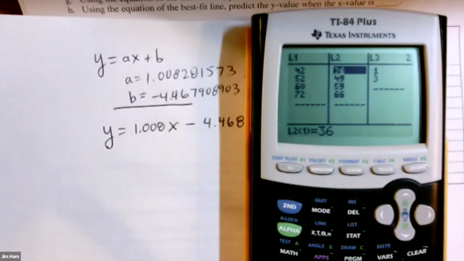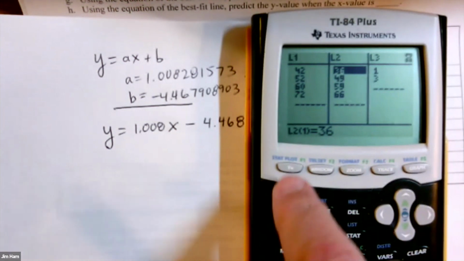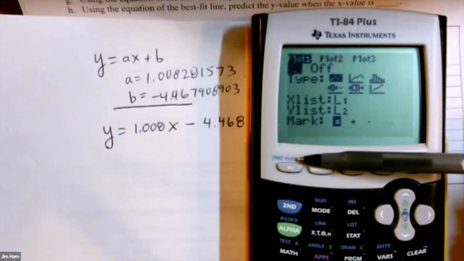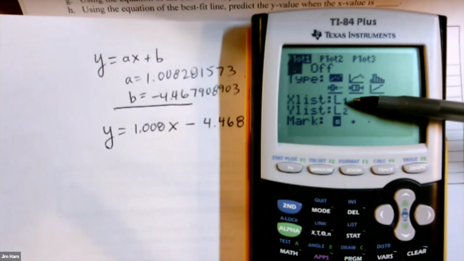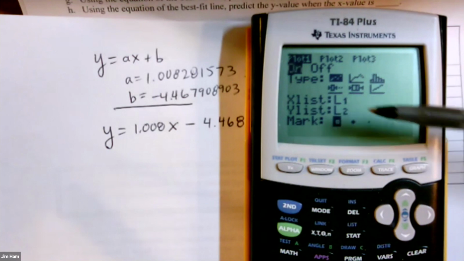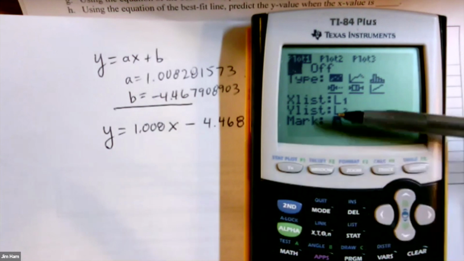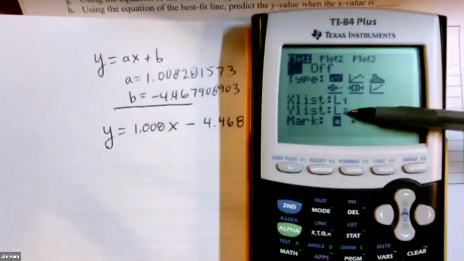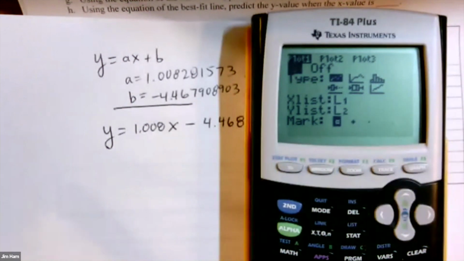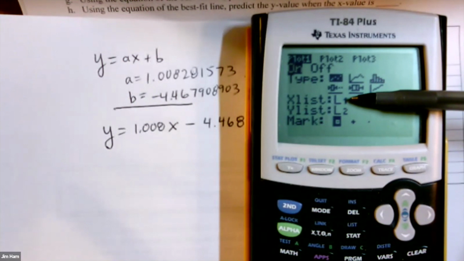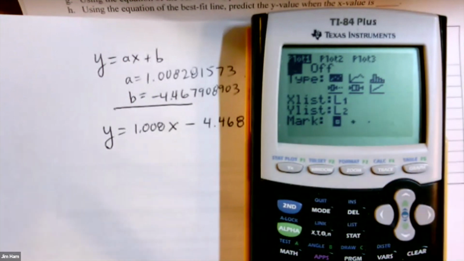Now, the other thing is that when you set up your stat plot, you have to make sure that your X list is L1 and your Y list is L2. Because if they're not, you might be using L1, that list that has 4 values, and if you're using, say, L3 that has just 2 values in there, it's going to try to create points with 4 X values, but only 2 Y values, and it'll give you that error.